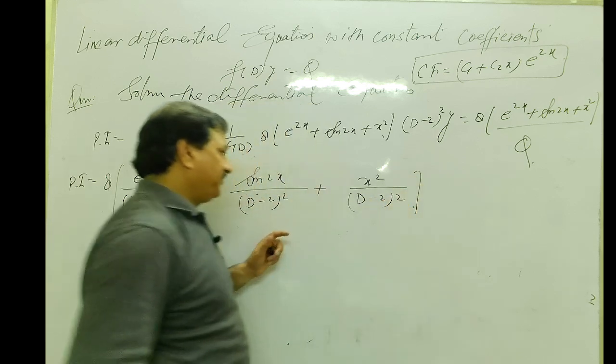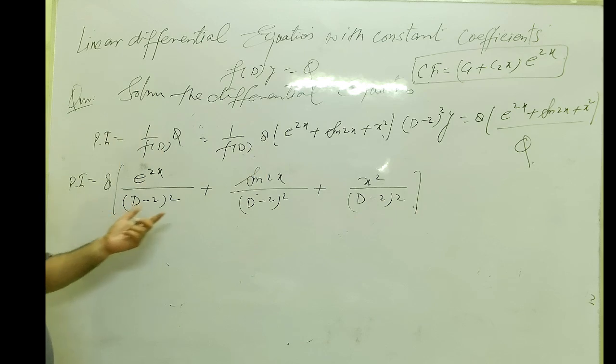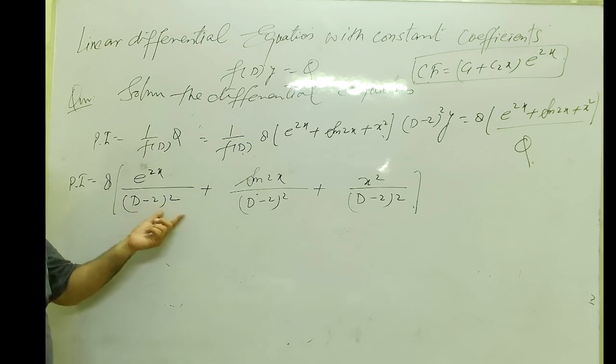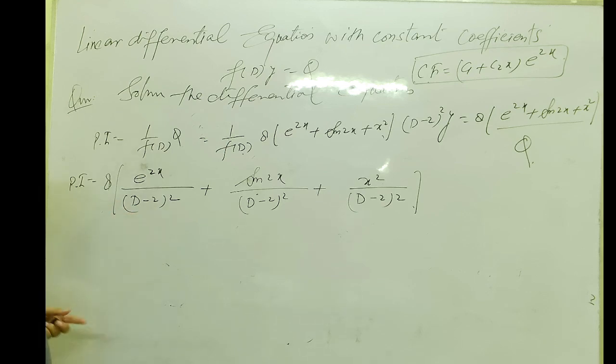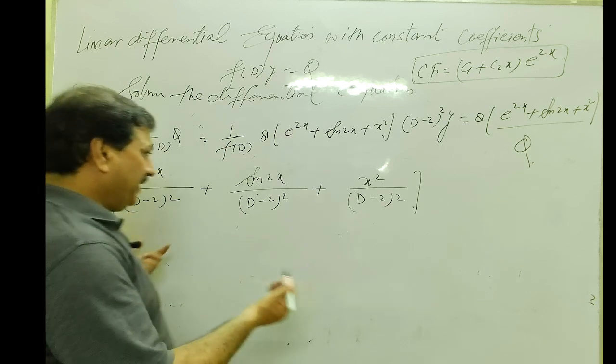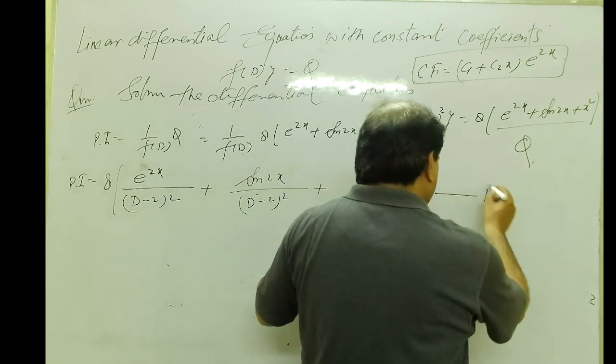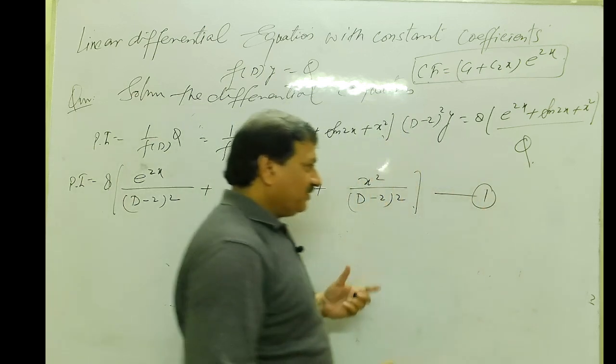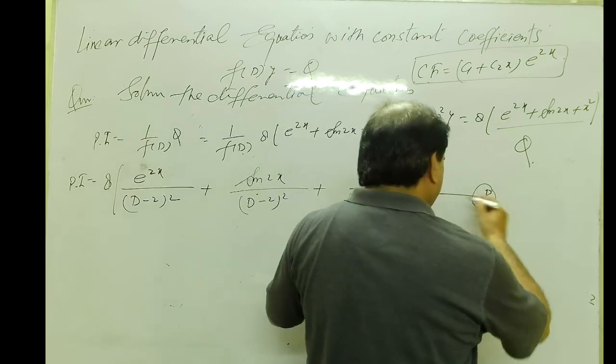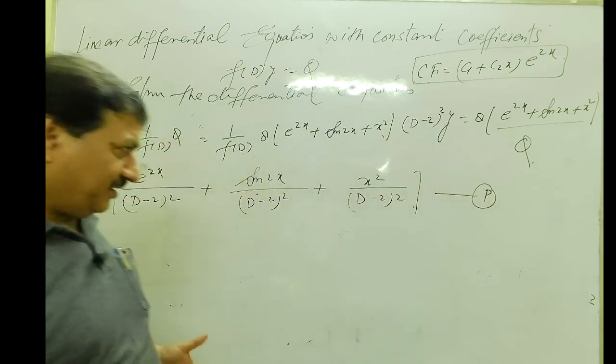This is the complete portion of the particular integral. You can write (D minus 2) whole square as D square minus 4D plus 4. First of all, let us write this part as P1, the particular integral, or equation first, you can say that.